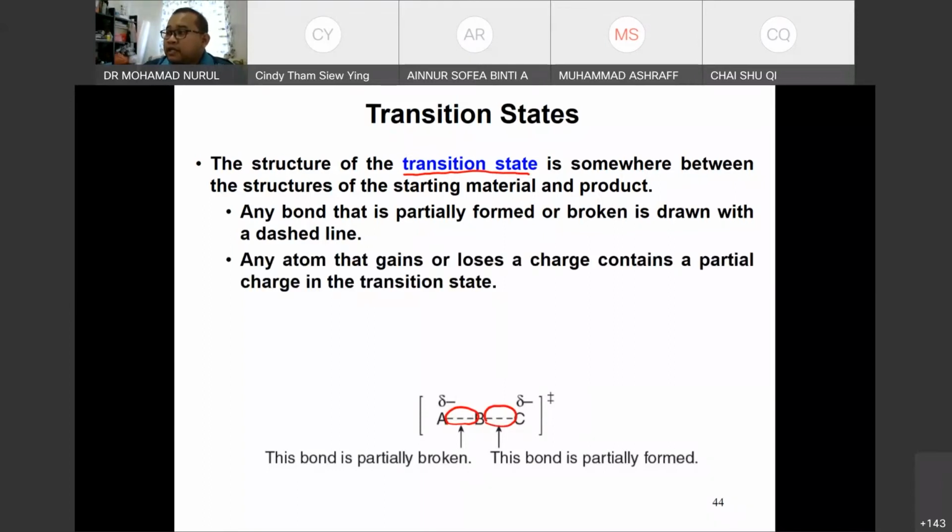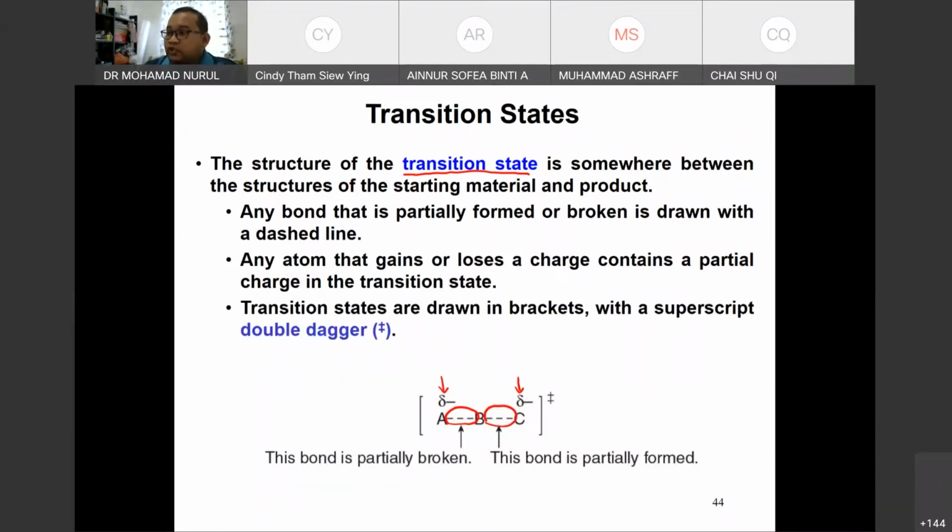Any atom that gains or loses a charge contains a partial charge in the transition state, which is represented by this symbol in brackets, with a superscript double dagger.